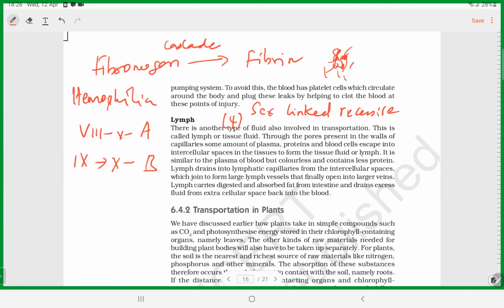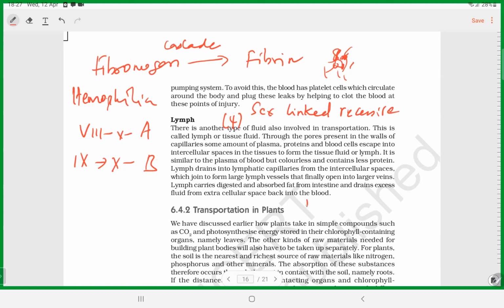So that is the importance of platelets, which help in blood clotting. And then the other important body fluid is actually called what? Lymph. See, the blood is transported all over the body. When it reaches the tissue and the vessels are narrow, there the blood is filtered.